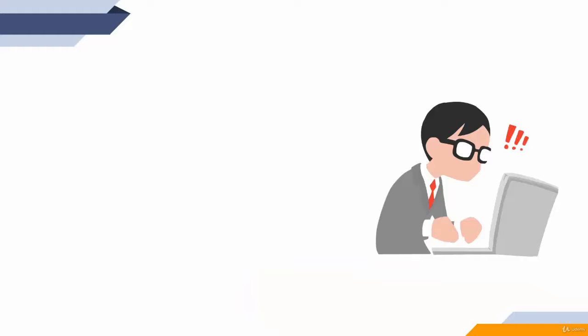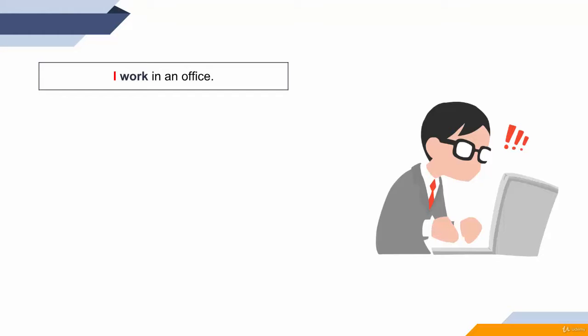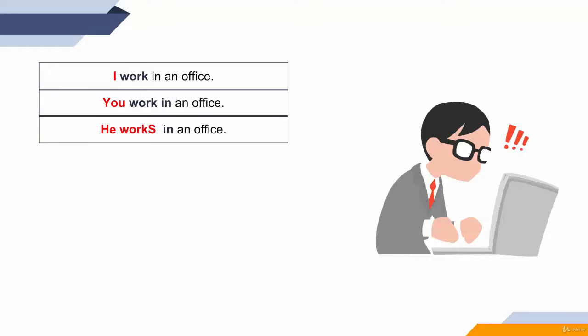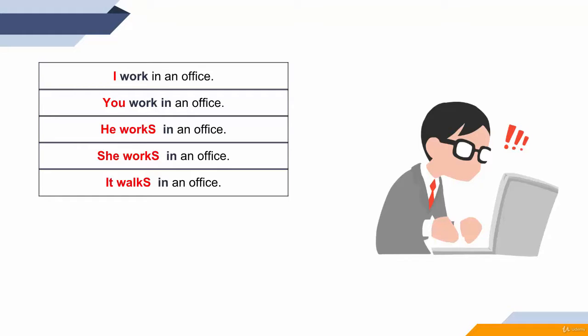And an example: I work in an office. You work in an office. He works in an office. She works in an office. It works in an office. We work.